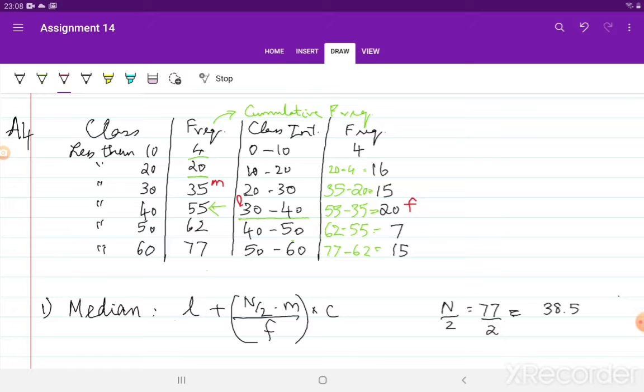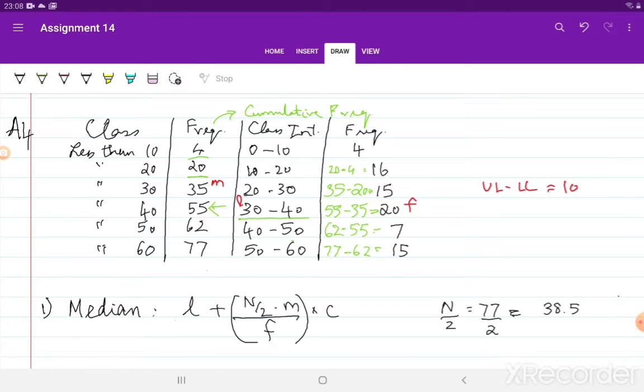In this case, it is 20. And C is your length or size of the class interval. Just do upper limit minus lower limit. So you will get, in each case, you will get 10, right?